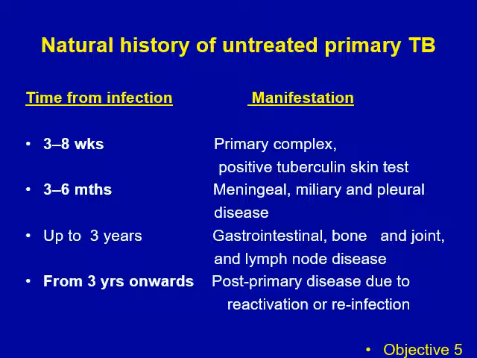From 3 to 6 months up to 3 years, the patient may develop gastrointestinal, bone, joint and lymph node disease also. From 3 years onward, the patient may develop post-primary disease, either due to reactivation of the dormant TB bacilli or reinfection.